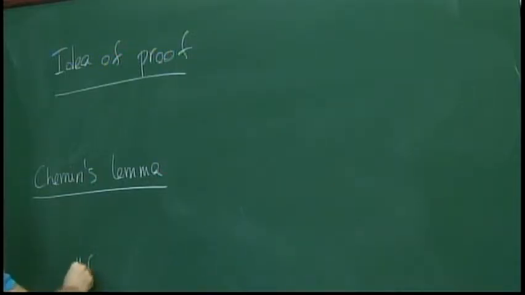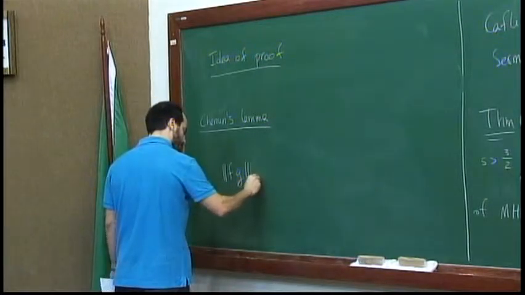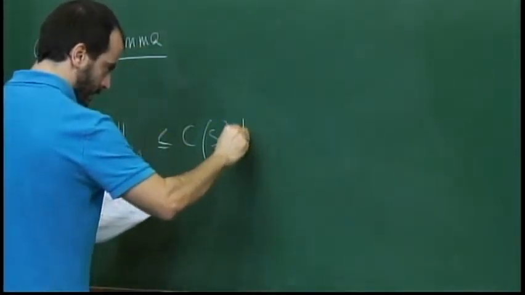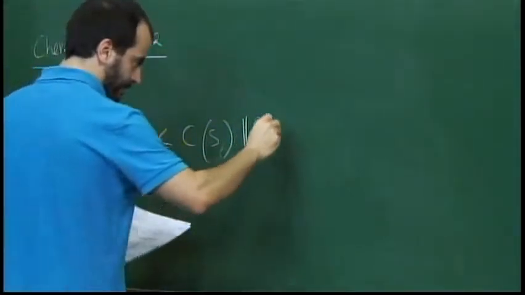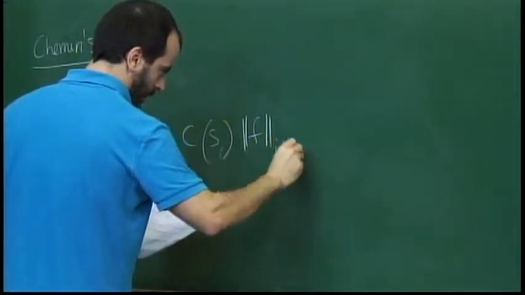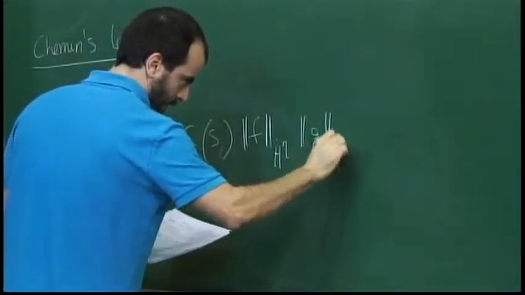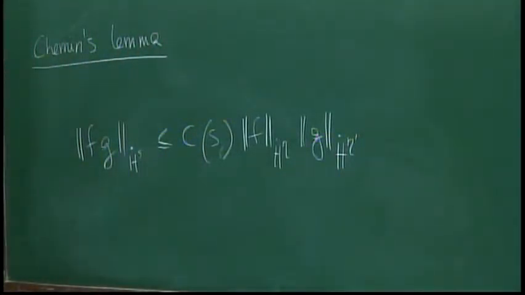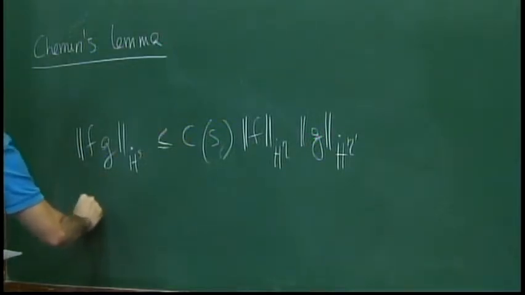basically I get, for the product of two functions, remember we're considering classical solutions, so the product is well defined, and we get a bound S. And then S is related to these eta and eta prime by the following.